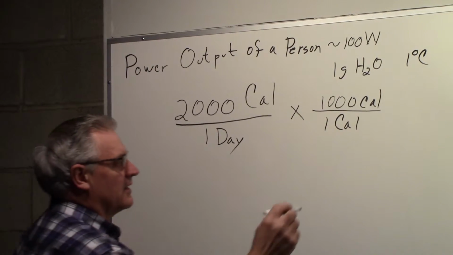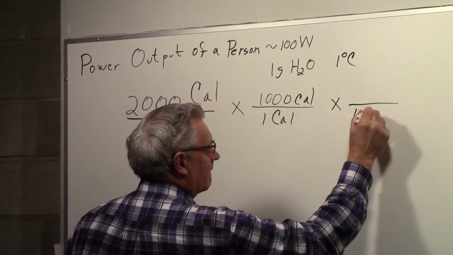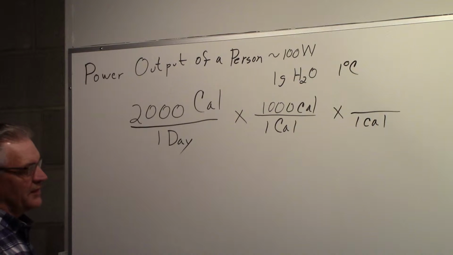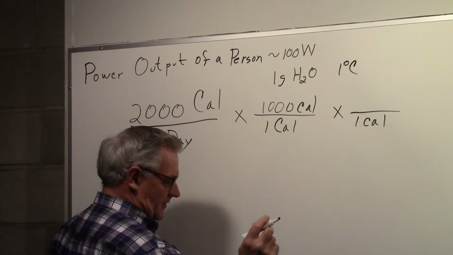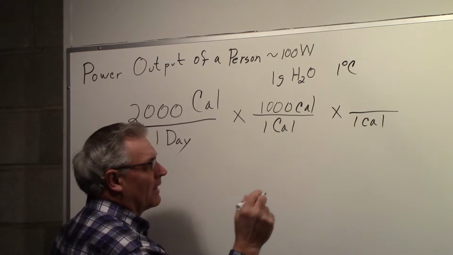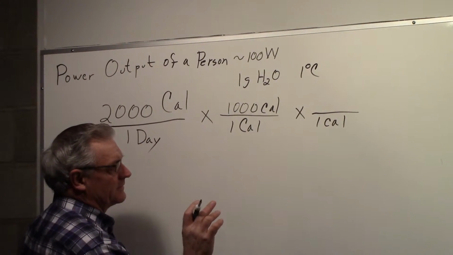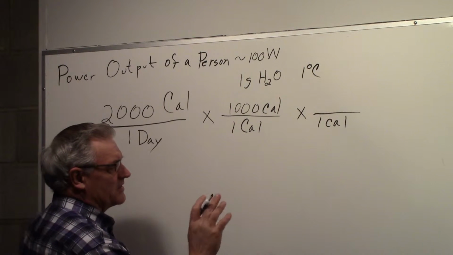Now we can convert the calories to a convenient unit of energy, and that will be the joule. So how many calories are there in a joule? Well, that number varies depending on what subject you're talking to.